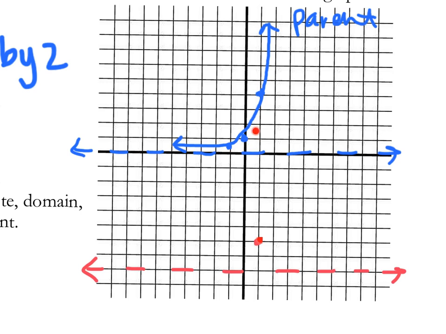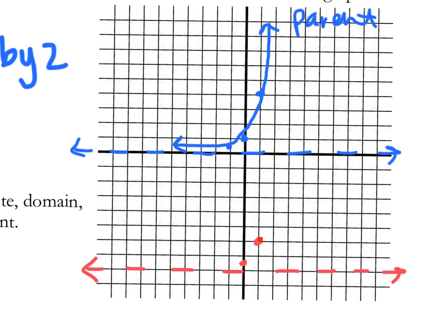Then this point currently has a y value of 1. If we vertically shrink that by 2, it'll end up having a y value of a half. And then again, we want to move that down by 8. 1, 2, 3, 4, 5, 6, 7, 8. So it'll be down here. And then this guy here currently has a y value of a fourth.